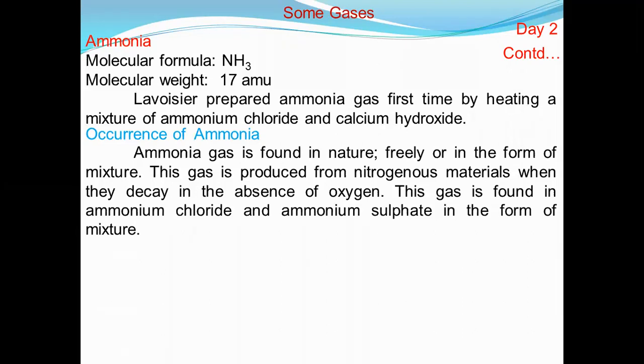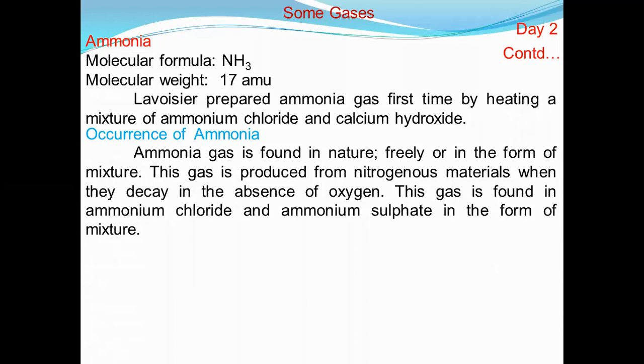When the dead plants are decomposed by decomposers, they release a gas in the absence of oxygen, that is ammonia. So that is the free state. Not only that, ammonia gas is found in nature in the combined state, that is in ammonium chloride, ammonium sulfate, ammonium nitrate, etc.